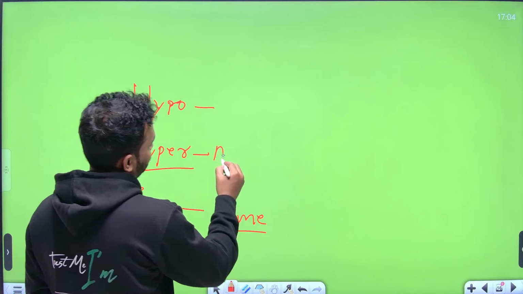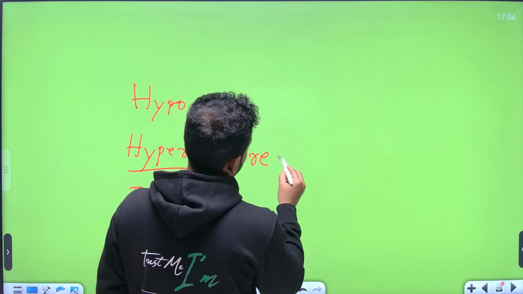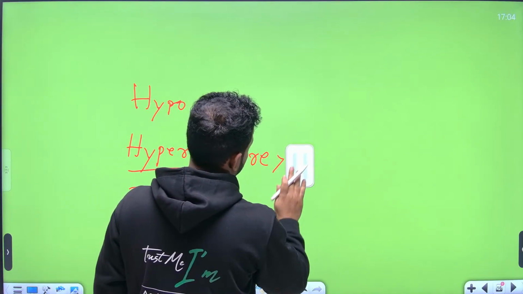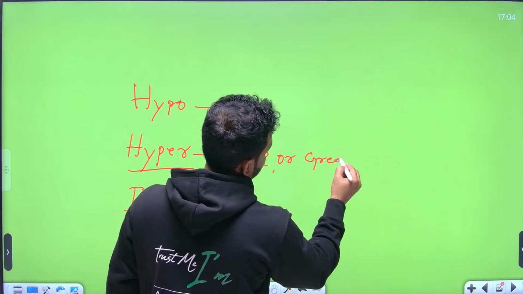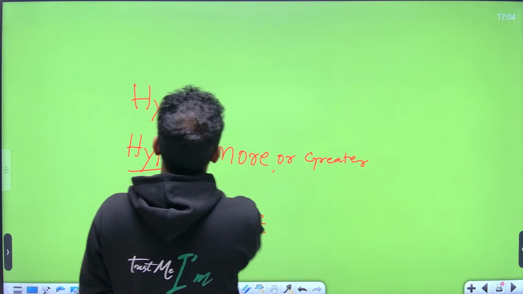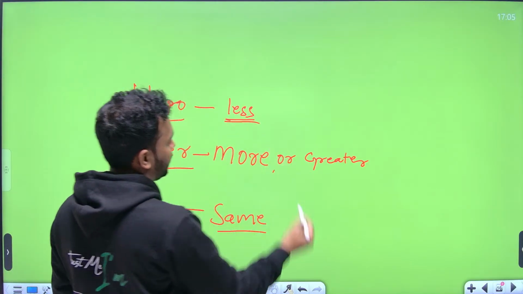Hyper means more or greater, like when we say hypertension. And hypo means less. Okay.